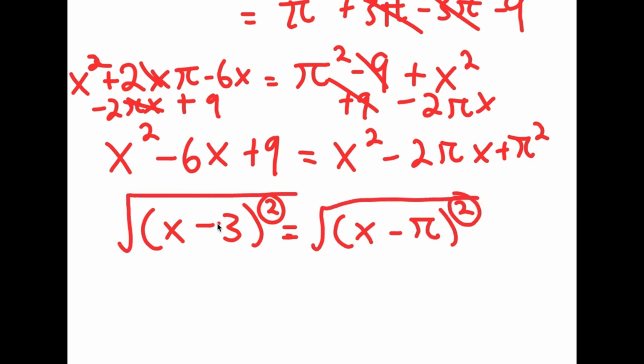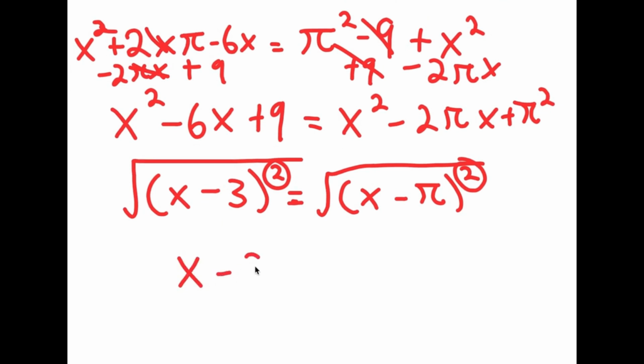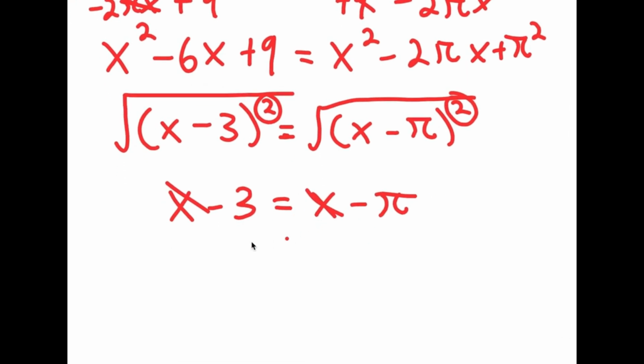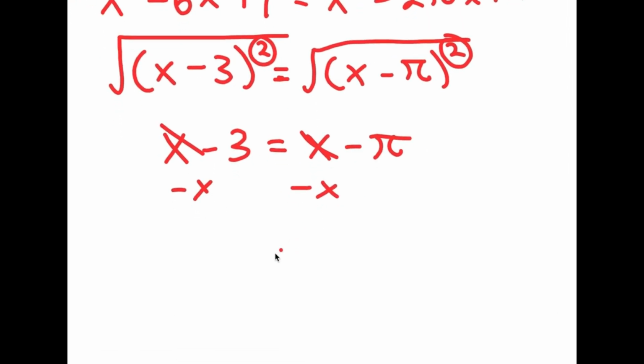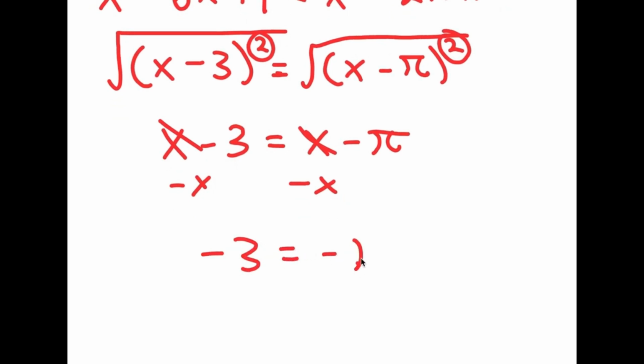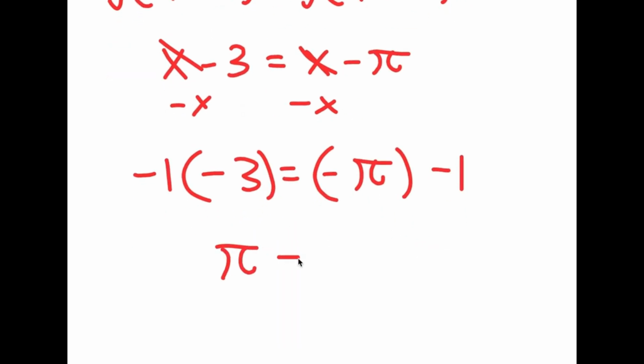The square root of (x minus 3) squared is x minus 3, and the square root of (x minus pi) squared is x minus pi. So I get x minus 3 is equal to x minus pi. Now I'm going to cancel these two x's out by subtracting x on both sides, so I get negative 3 is equal to negative pi. If I multiply both sides by negative 1, I get pi is equal to 3. So there you have it, I just proved that pi is equal to 3.